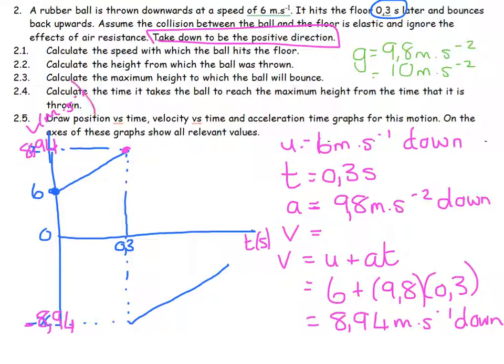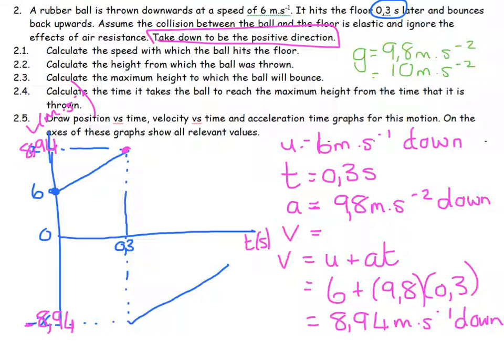Right. Question 2. Calculate the height from which the ball was thrown. So I need to now say how high it was before it hit the ground. I can use a whole lot of different information.